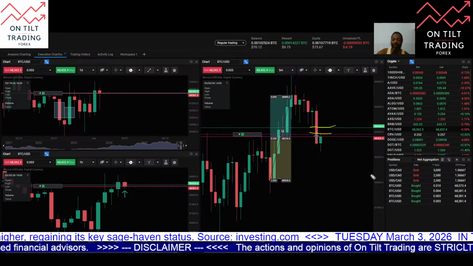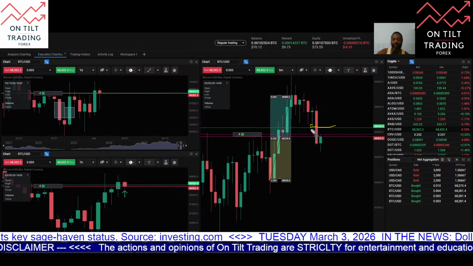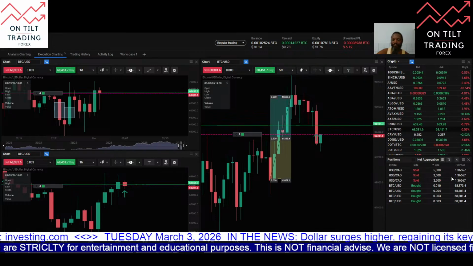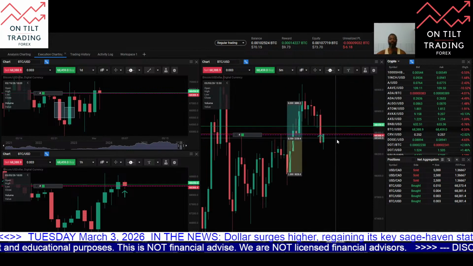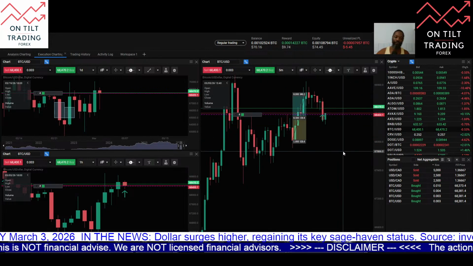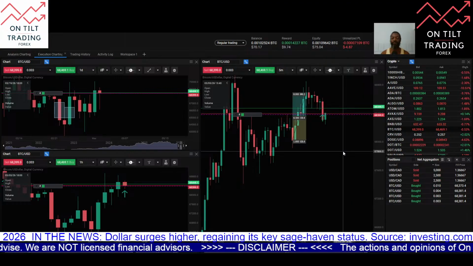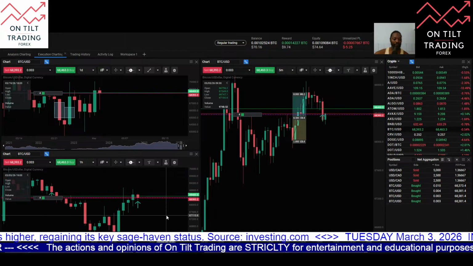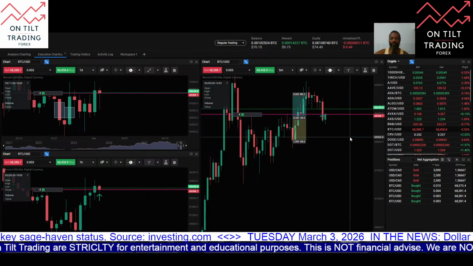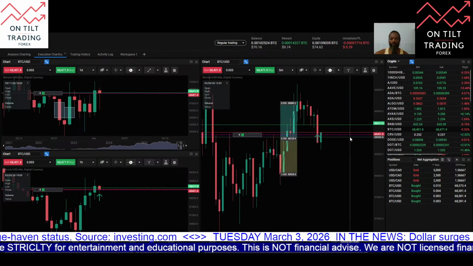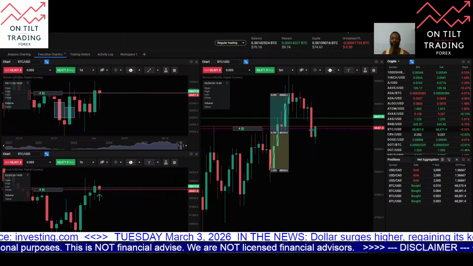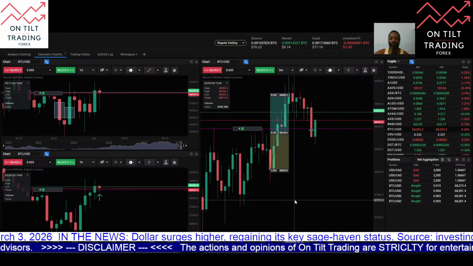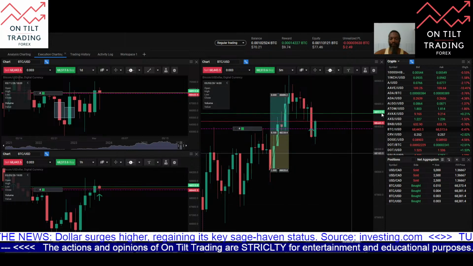Ideally I want to see price return to this level here to prevent that from happening. Price has returned to that level, closing the gap.